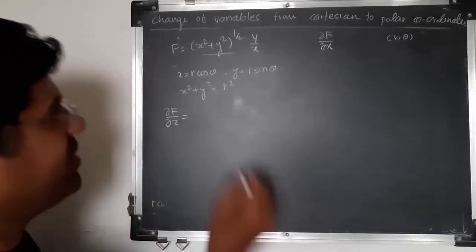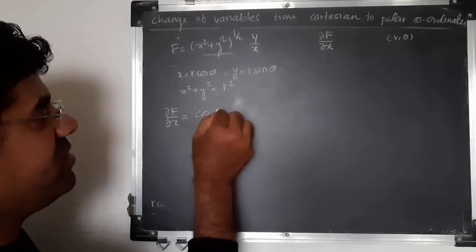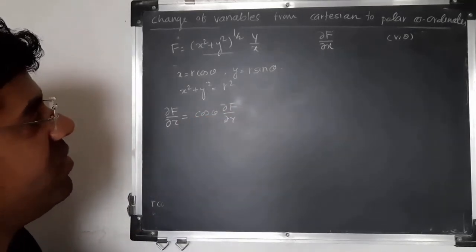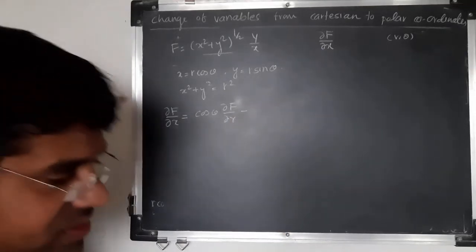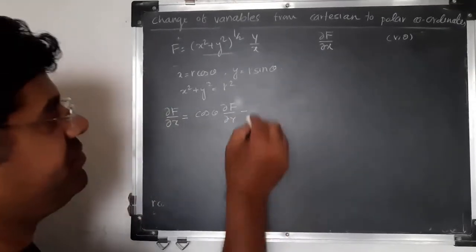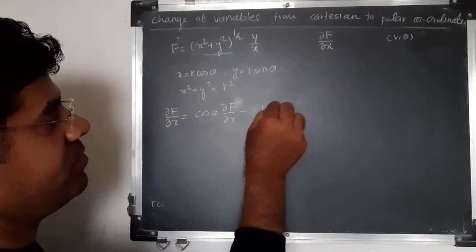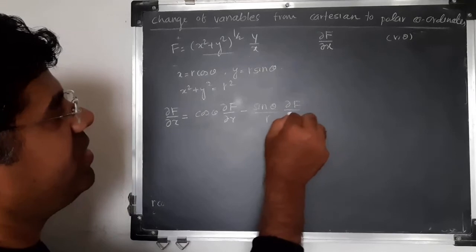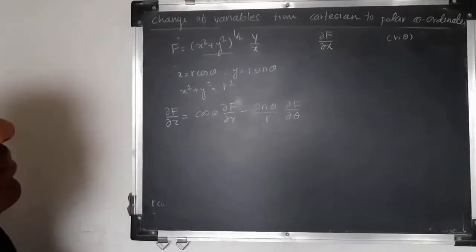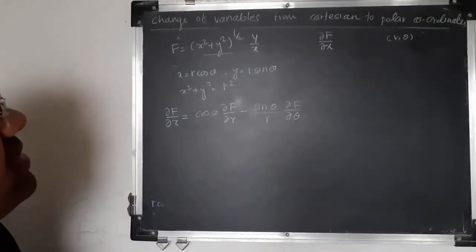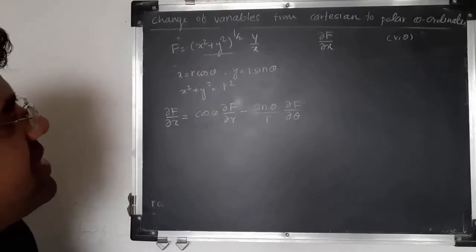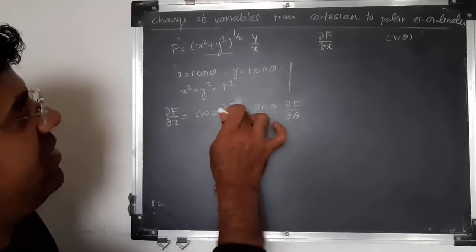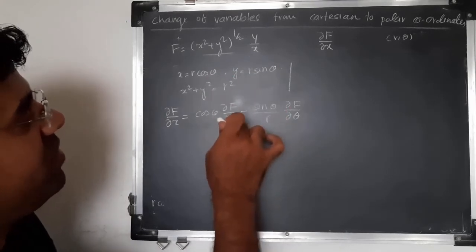So ∂f/∂x is nothing but cos θ ∂f/∂r minus sin θ upon r ∂f/∂θ. Yes, so this will be the case. Now here f with respect to r and θ is what we have to find out.